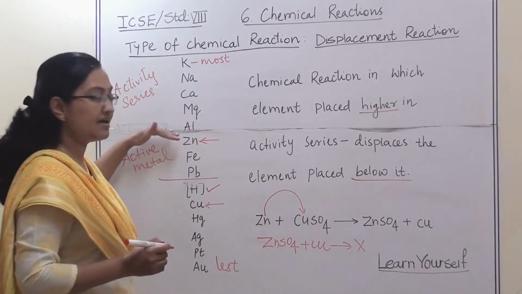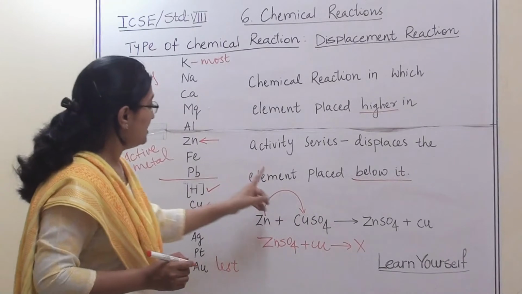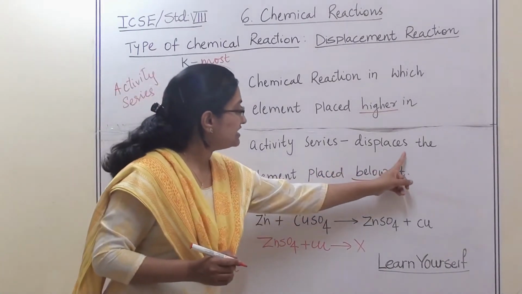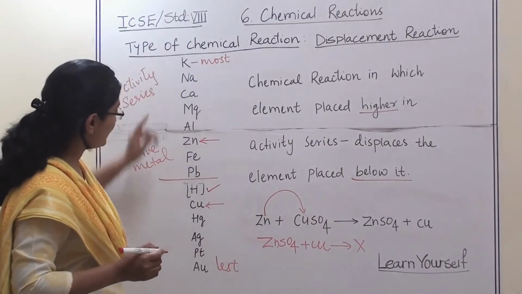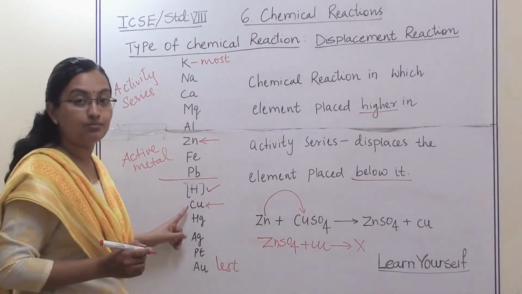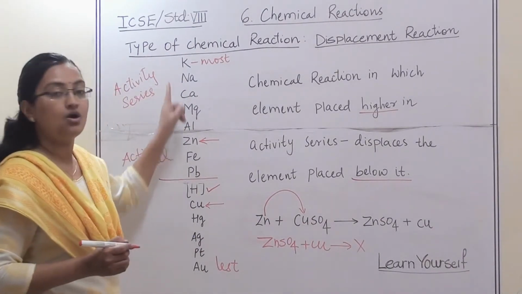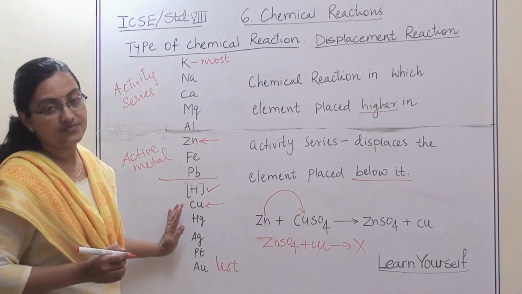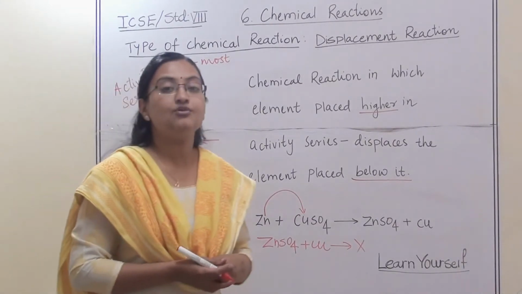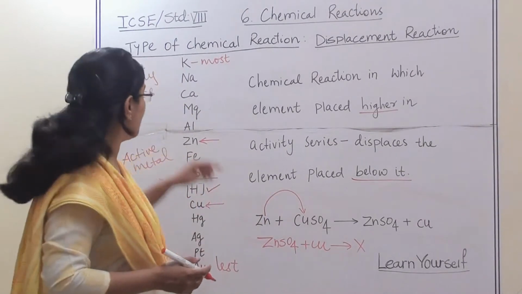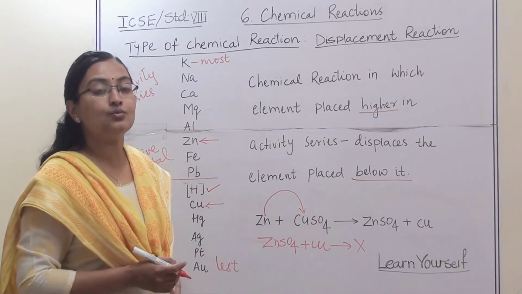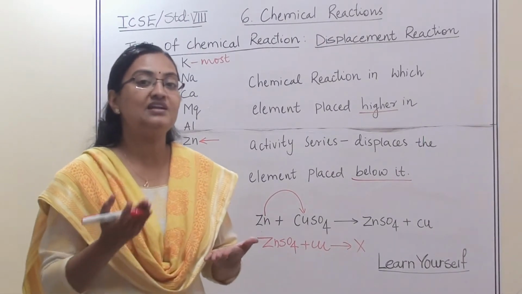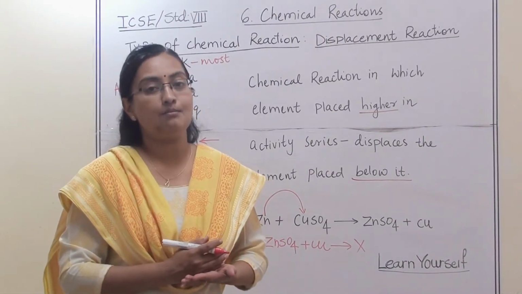Zinc is higher than copper. So all these elements can displace copper, but copper cannot displace all these elements. To remember this type of reaction, you have to remember this sequence of the activity series. Then only will you know which metal will displace another metal.